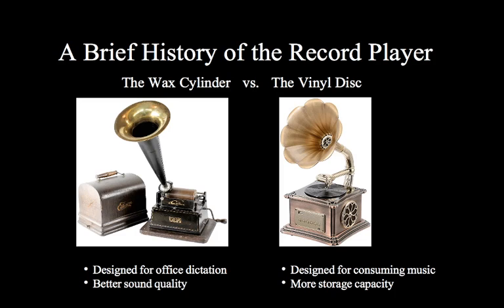And this allows them to put more information onto the vinyl disc, as far as time is concerned, than you could put onto the wax cylinder. However, because there's more storage capacity, it reduces the amount of amplitude variation that you can get.